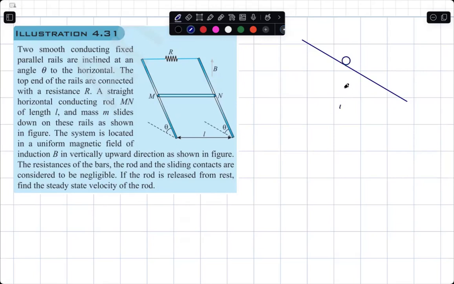That's the arrangement. Suppose this is moving downwards. And that's B.